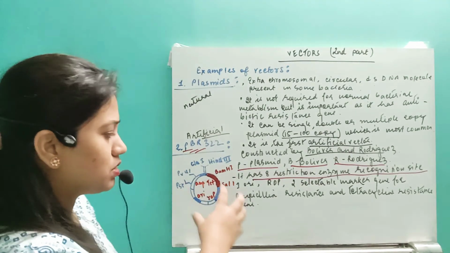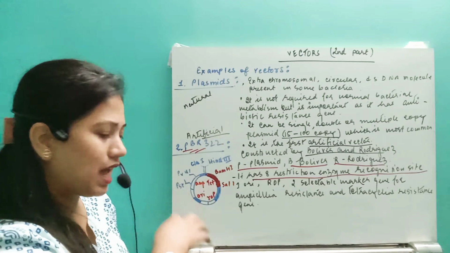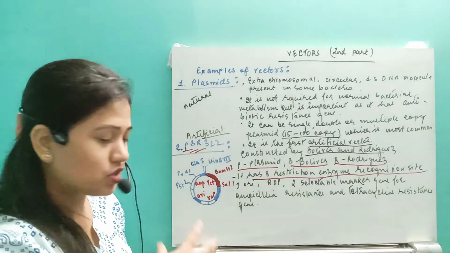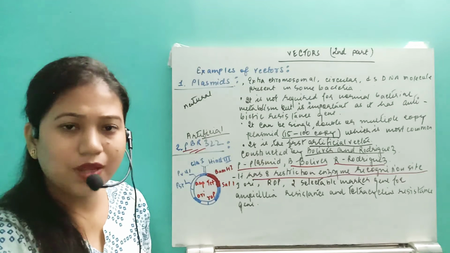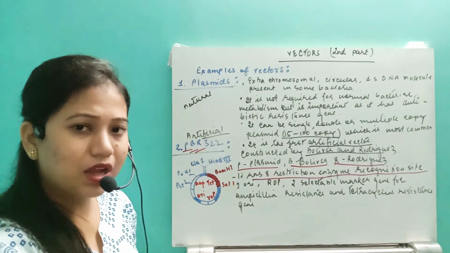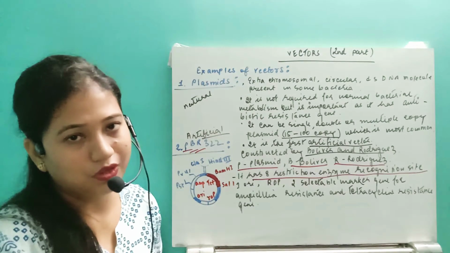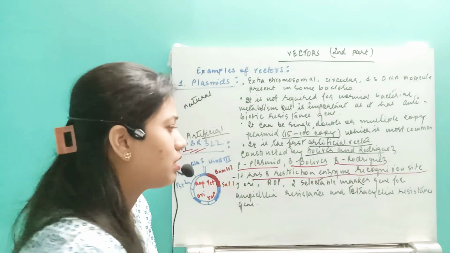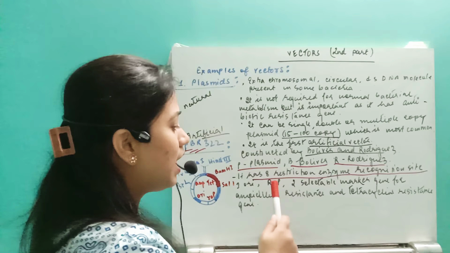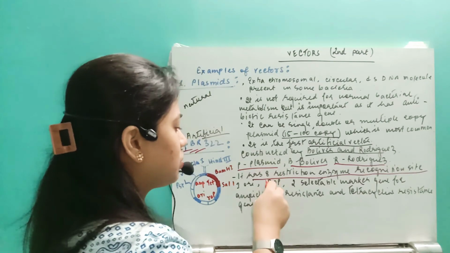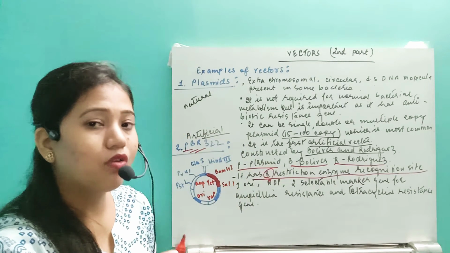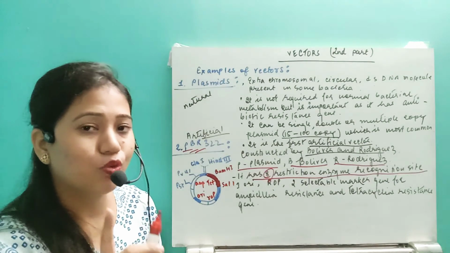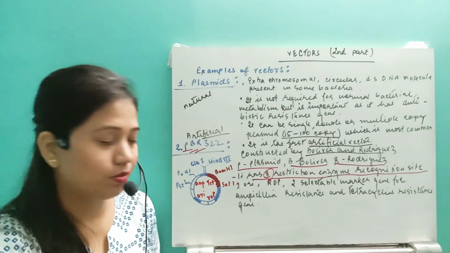That means in these specific regions we can add the specific restriction enzyme, like HindIII, then that specific region will be cut and we can insert our gene of interest. It has 8 restriction enzyme recognition sites, but for one restriction enzyme only one recognition site will be present.